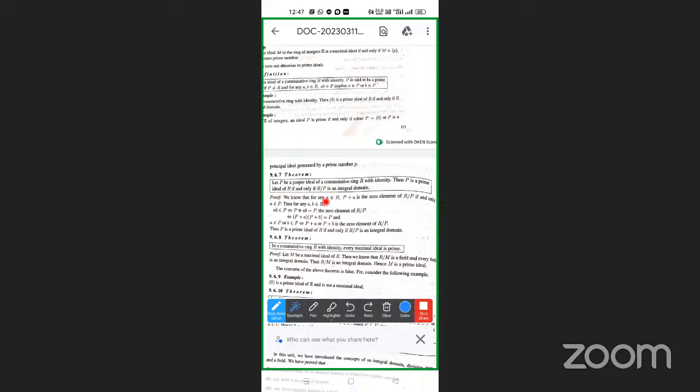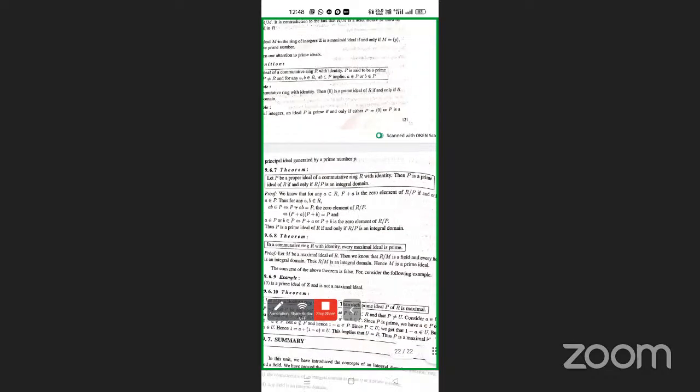Proof: we know that for any a belongs to R, P plus a is the zero element of R by P, where R by P is nothing but a factor group or factor ring, if and only if a belongs to P. Thus, for any a, b belongs to R, either a into b belongs to P. That implies P plus ab equals P, the zero element of R by P, if and only if (P plus a)(P plus b) equals P, and a belongs to P or b belongs to P. That implies P plus a or P plus b is the zero element of R by P. So thus P is a prime ideal of R if and only if R by P is an integral domain.